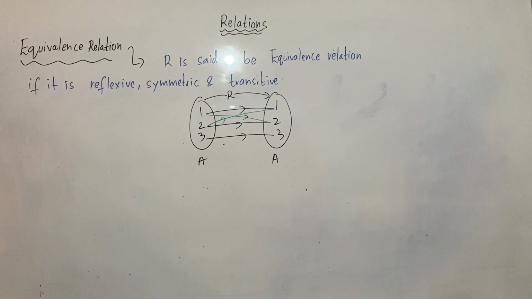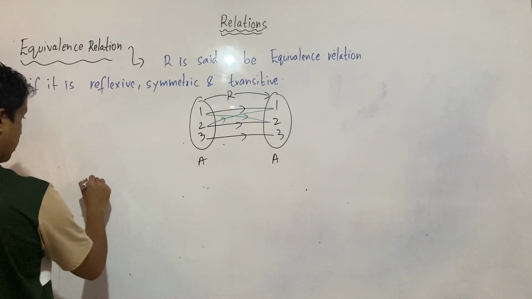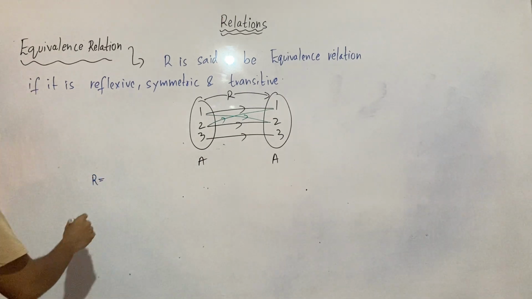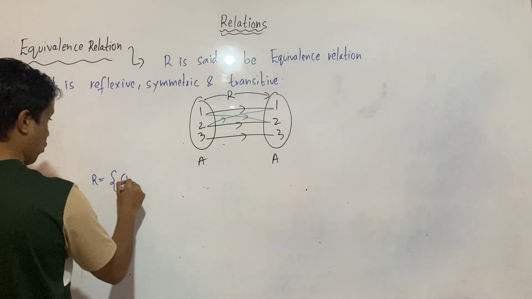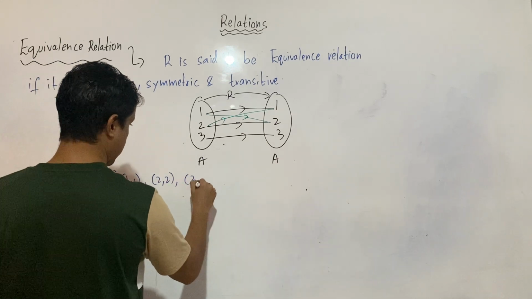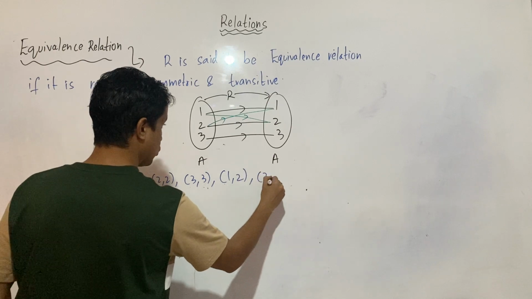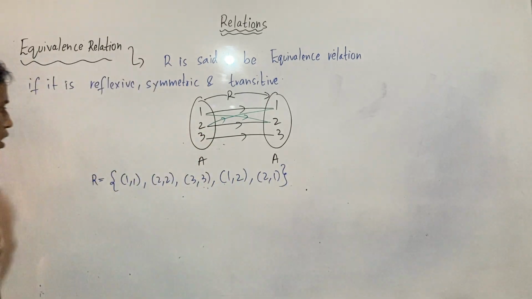Okay, now let's see what we will get. So here R is going to be (1,1), (2,2), (3,3), (1,2), and (2,1), right?